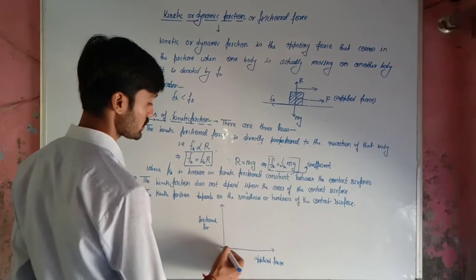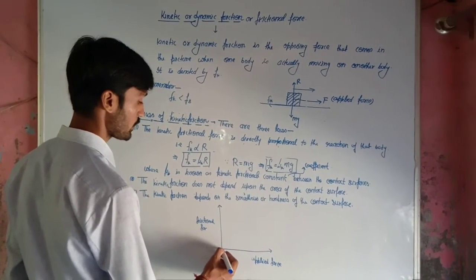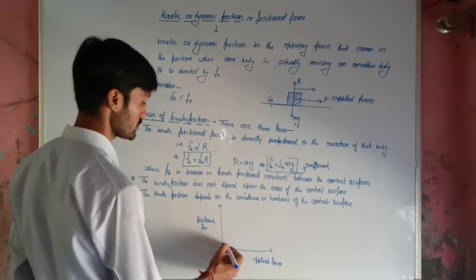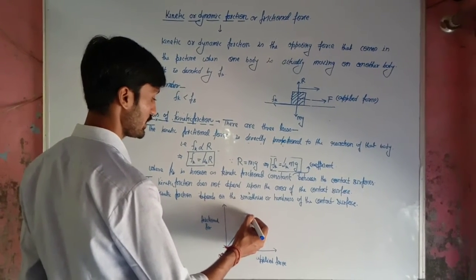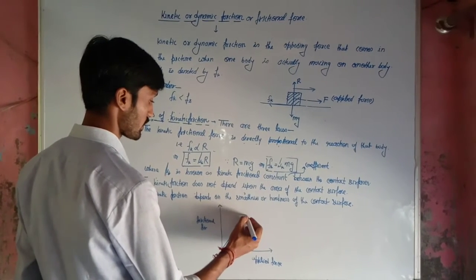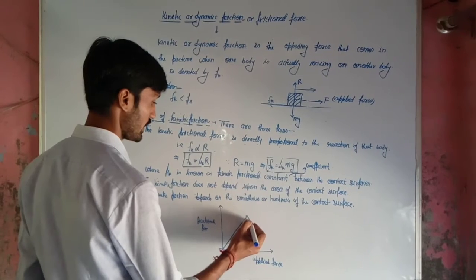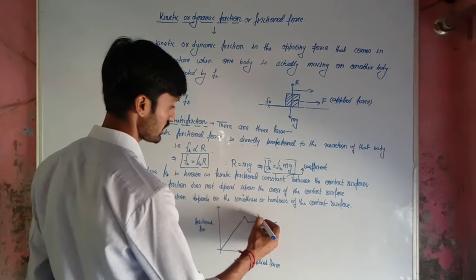Initially, if applied force is 0, then frictional force is also 0, and if we increase the applied force, then frictional force also increases, and it gives a straight line, and after a limit it just falls down, and again it's constant. This is kinetic friction.